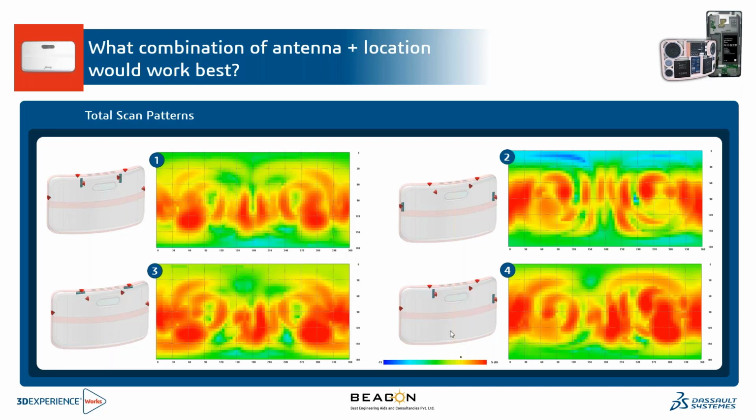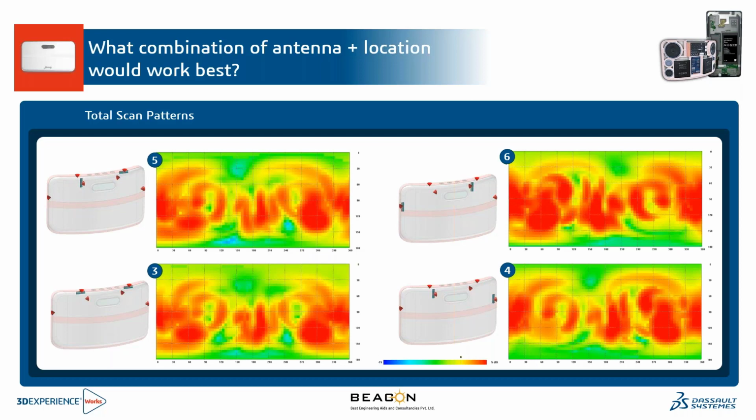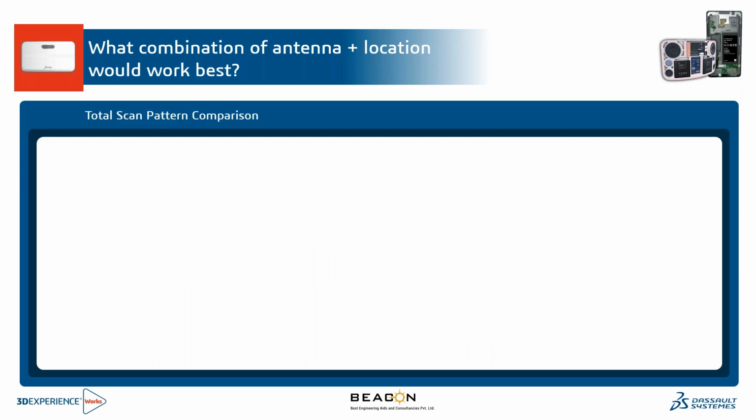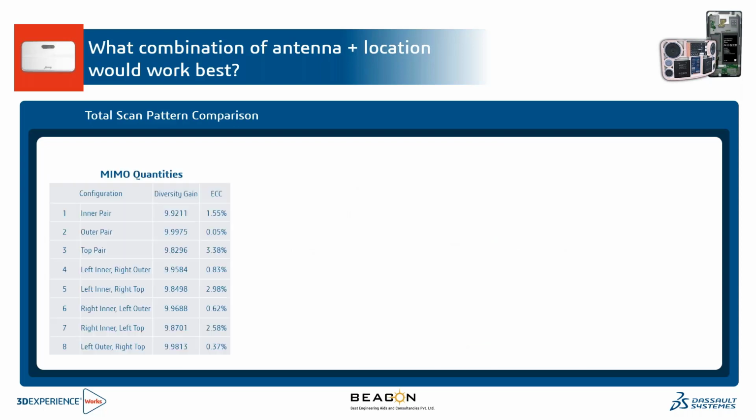As you can see, there are 4 different types of antenna placement positions here for which we can see the total scan patterns. Once the position is changed, we can see there is a difference in total scan pattern. And after running these total scan patterns, we can make use of the comparison to see which is the best design when we place it at different locations.